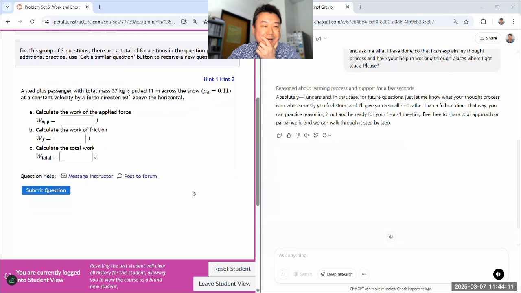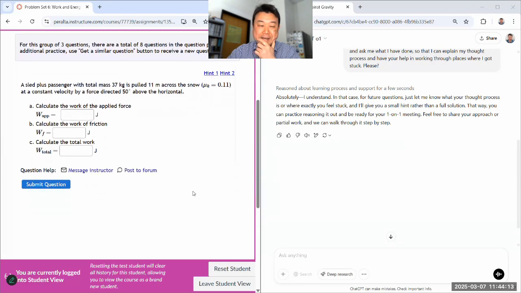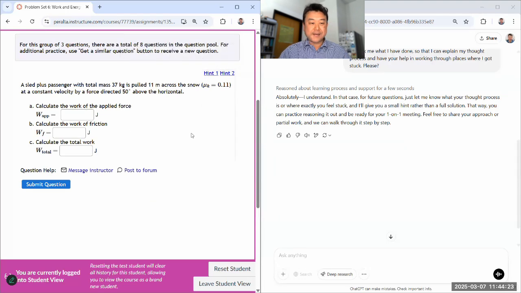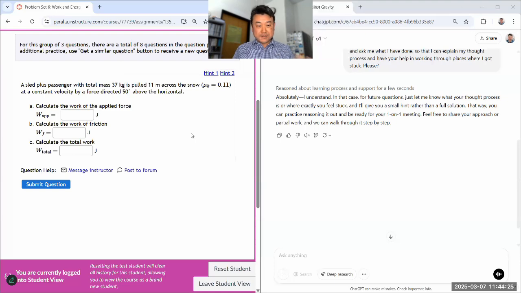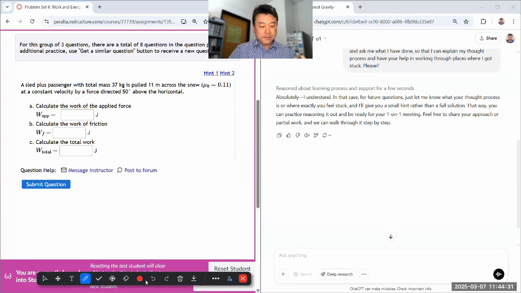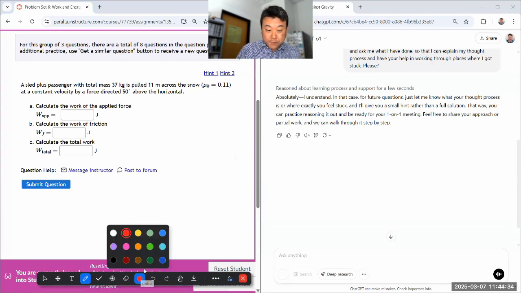It appears simple, and I don't know if a hint helps you that much. Yeah, so hint one actually kind of helps you. So looking at it, you might think, all right, that looks simple enough. I read the textbook, I remember the definition of work.